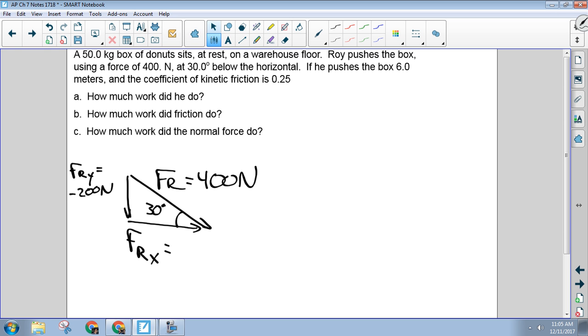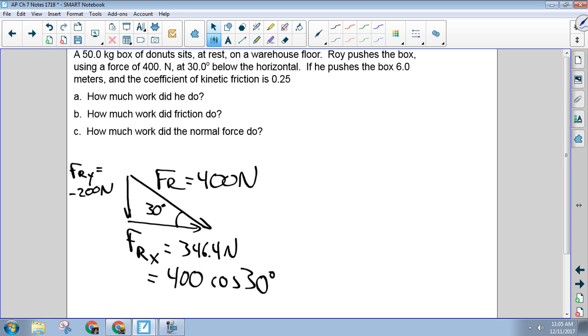Gives you 346.4 newtons. Cool? So notice, just to be clear, this right here is really 400 times the cosine of 30 degrees, right? Follow? Right, that's F cosine 30, or theta.